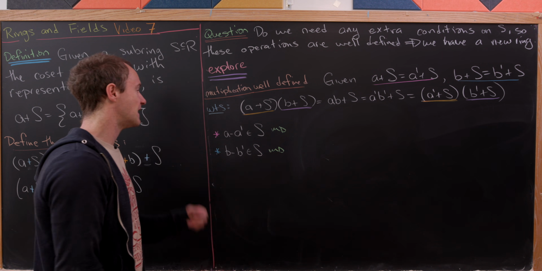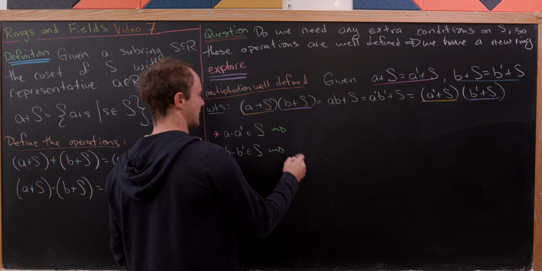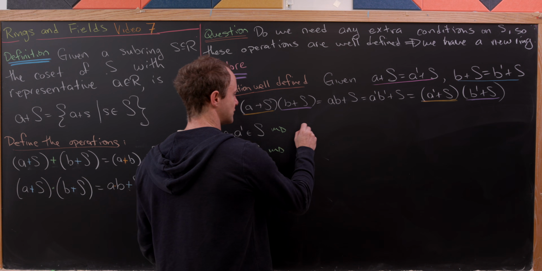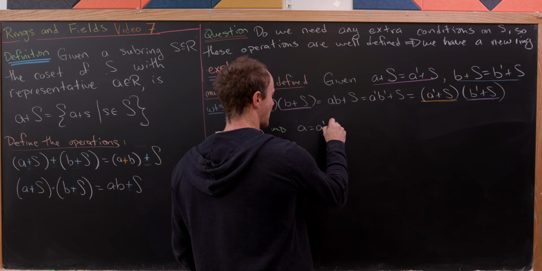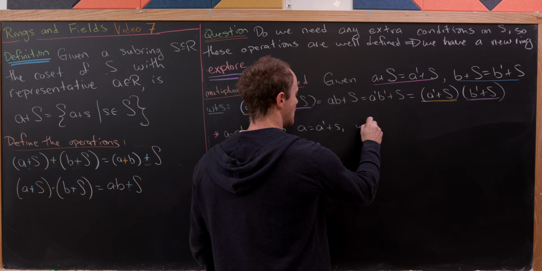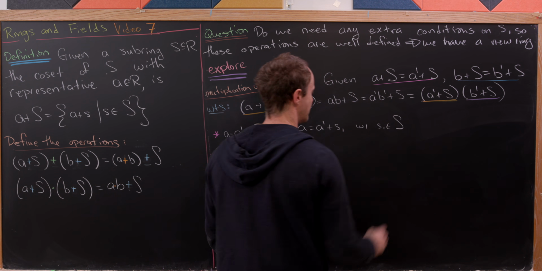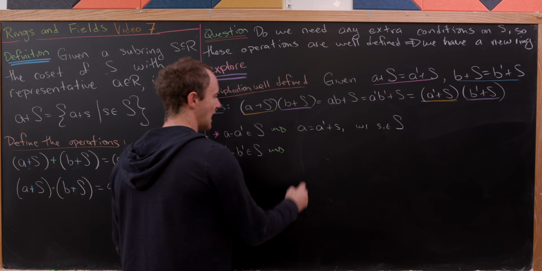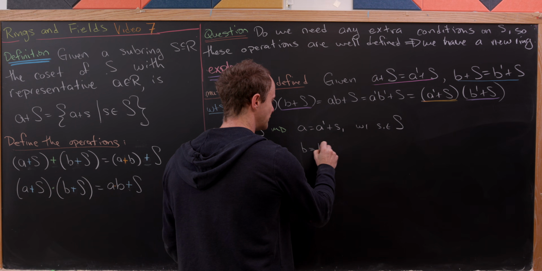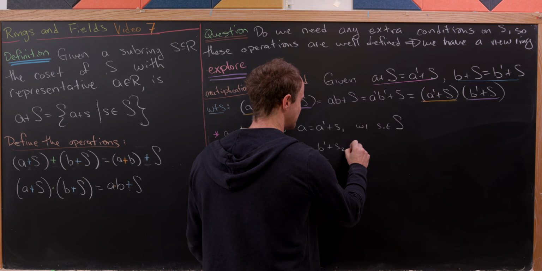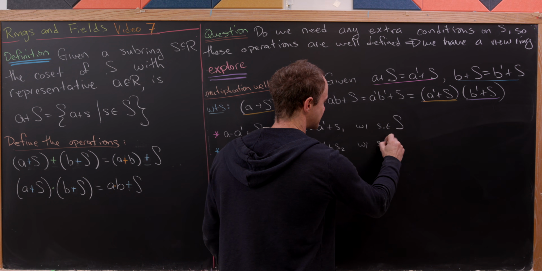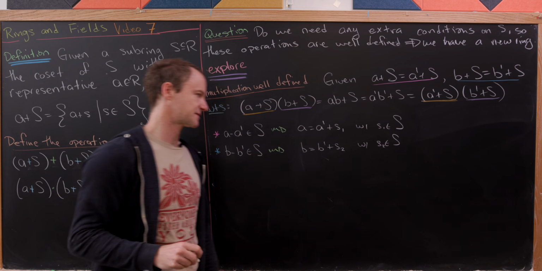Let's observe that these two lead to the following equations. We've got A is equal to A prime plus little s1, with little s1 an element of our subring S. And then we've got B is equal to B prime plus little s2, with little s2 an element of S.